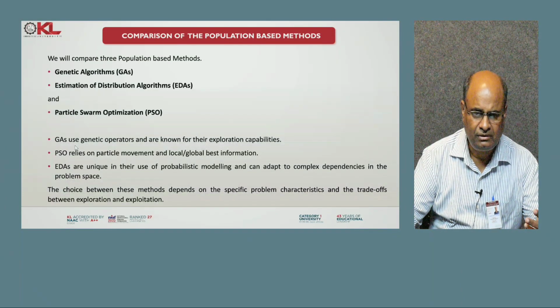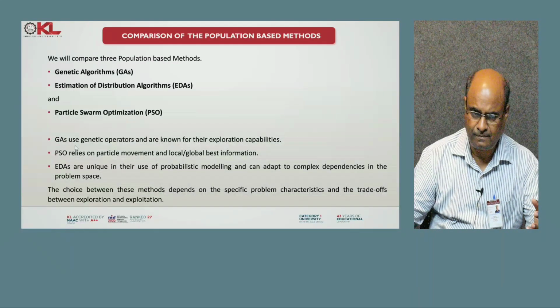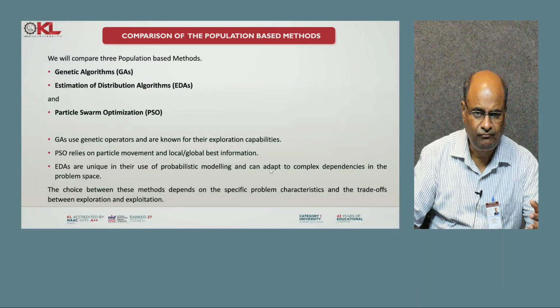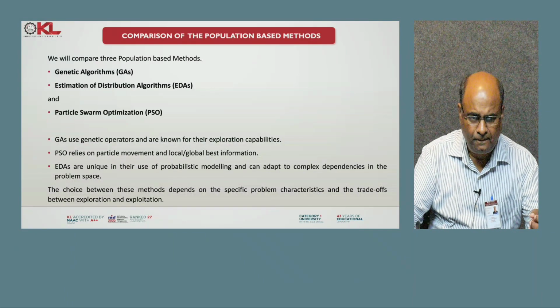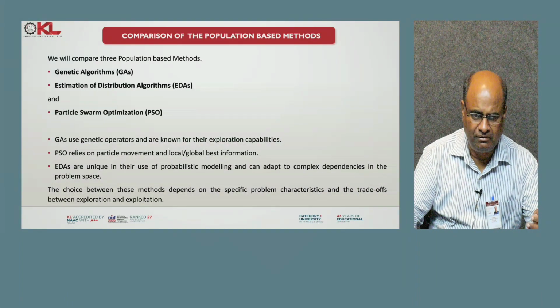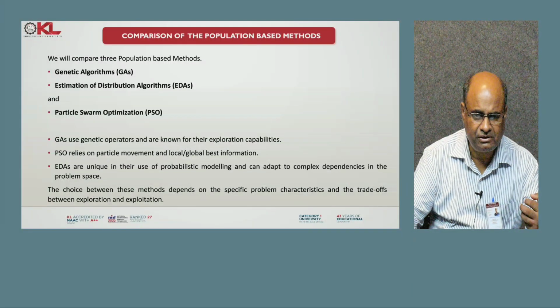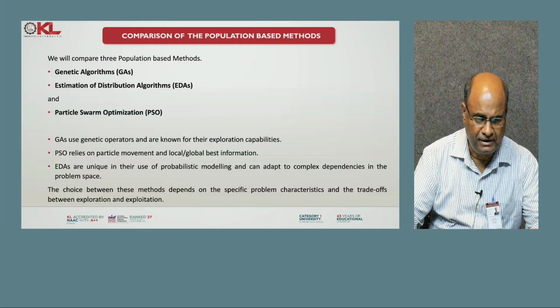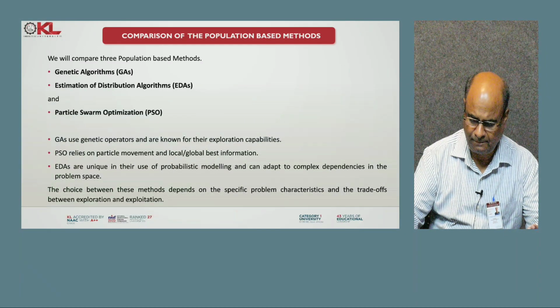PSO relies on particle movement and local and global information. EDAs uniquely use probabilistic modeling and can adapt to complex dependencies in the problem space, because EDA is derived from the genetic algorithm. So in some cases you are not using the genetic operators, you are using probabilistic concepts directly.